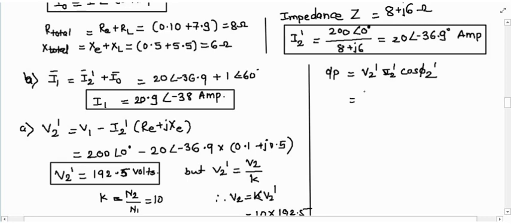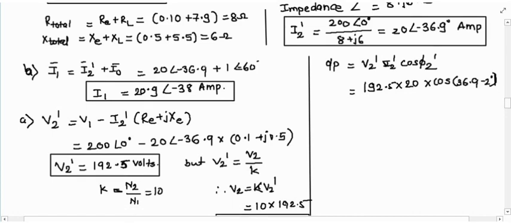So what is V2 dash? We got 192.5, into I2 dash we got 20, into cos of phi 2 dash, which is nothing but 36.9 minus 2 degree. If you draw the phasor diagram properly, you can write this, or simply see here.